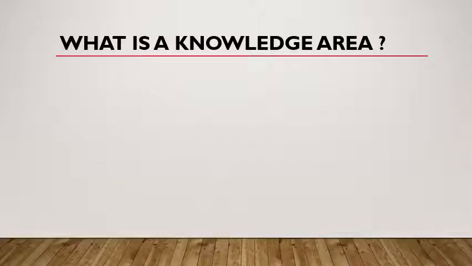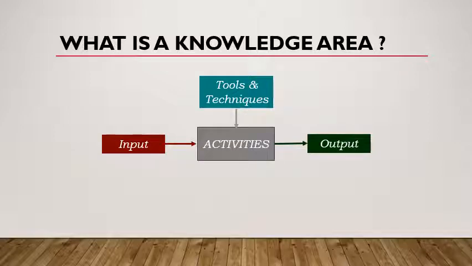Now let's understand what is a knowledge area. We have seen the framework for the process. To execute this process, we have tools and techniques. Apart from that, there is also a need for a domain expertise or a specific skill required for the project manager to achieve the desired output through this process.